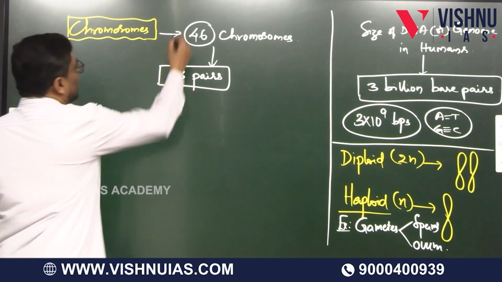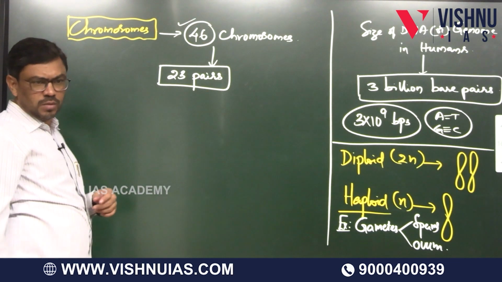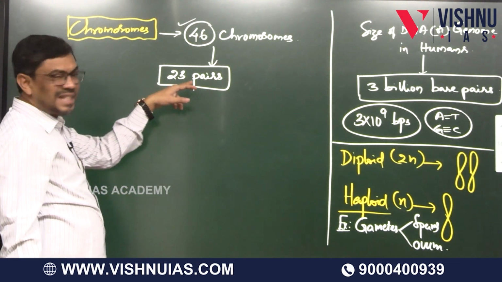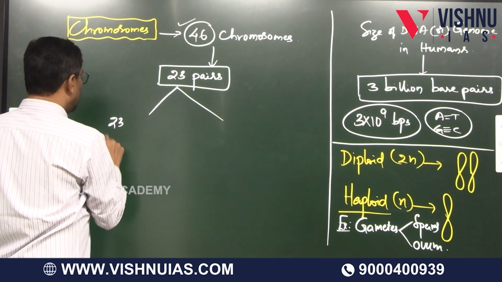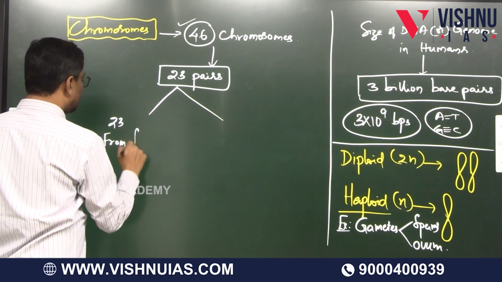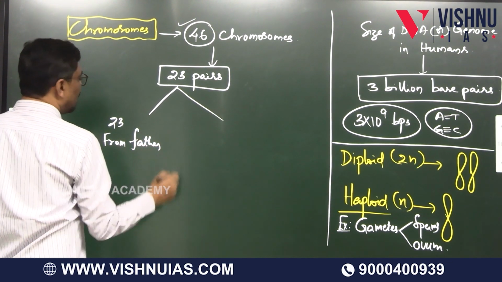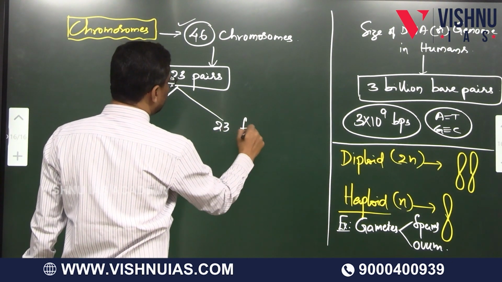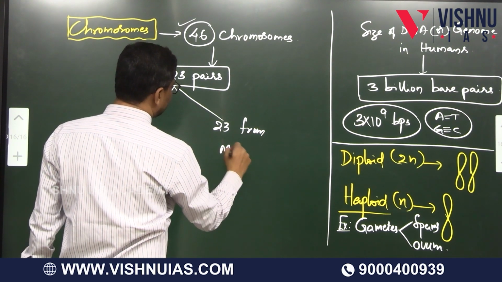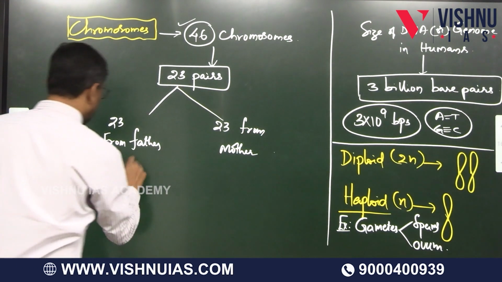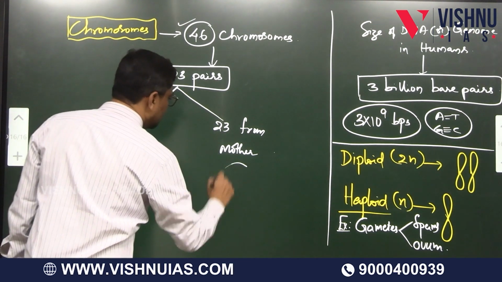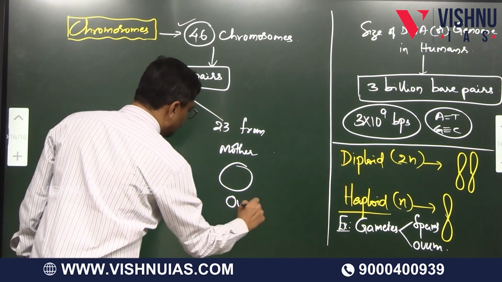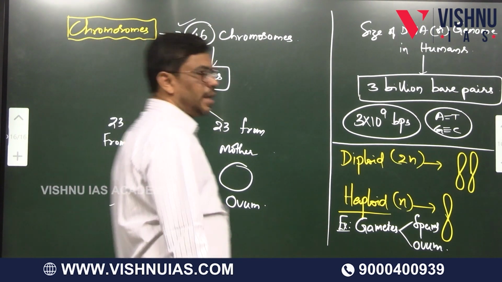In humans, there are 46 chromosomes. These 46 chromosomes exist as 23 pairs. So, these 23 pairs mean 23 from father and 23 from mother. That is a sperm and this is an ovum, right.